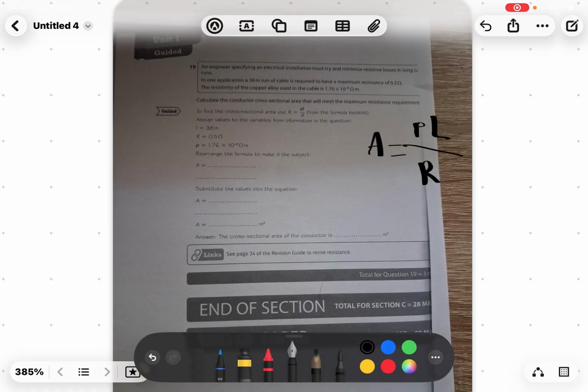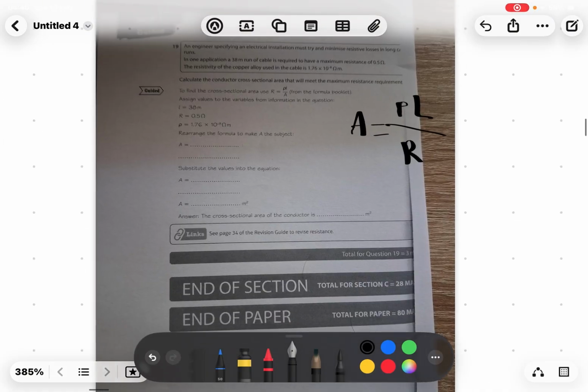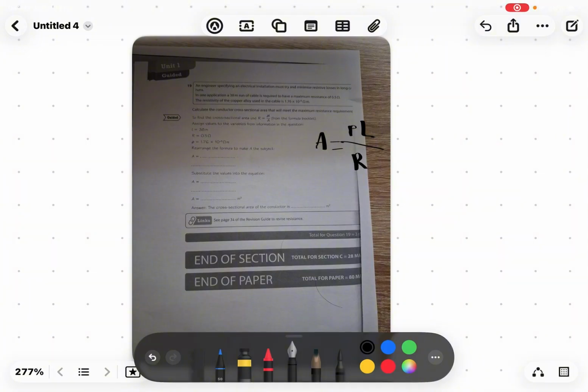So look, usually what you would do is put in the calculator the one-sixth division. Basically what you would do, I'll just write it like this. You would put the pressure, and then you times it by the length, and then you divide it by the resistor.